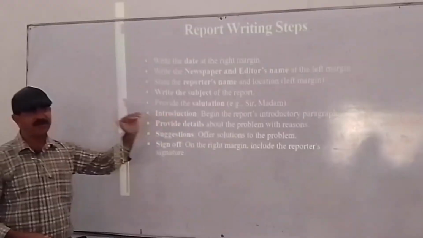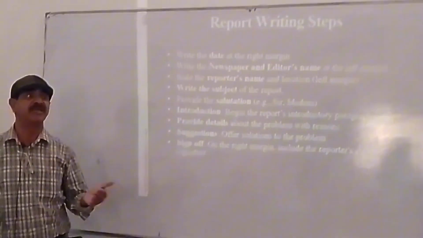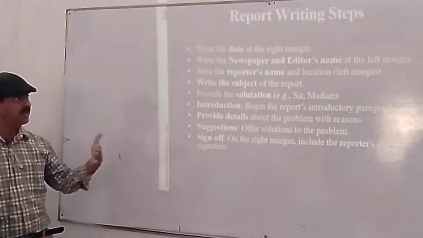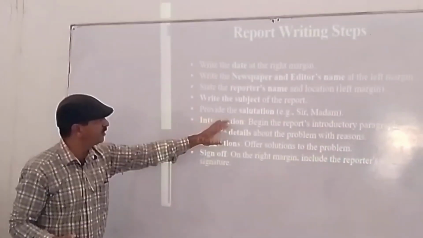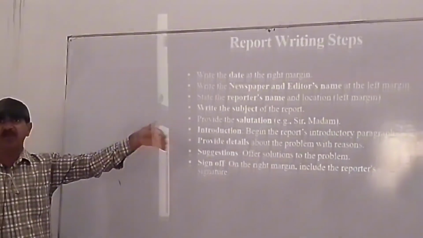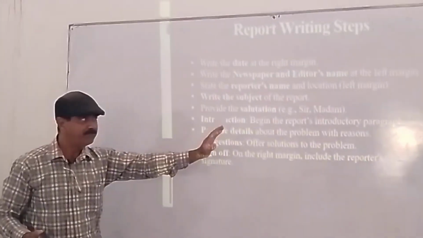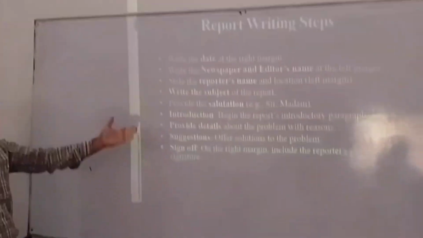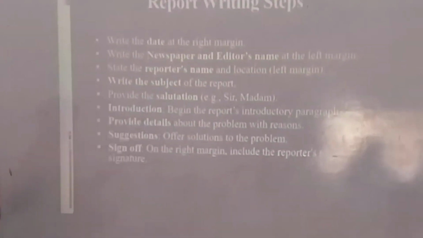Or write the subject of the report. What is it? Condition of classroom. Condition of second year classroom. Clear? That is the subject. So we have chosen the subject. Okay. Next one, provide a salutation like sir, or madam. Clear? Next one, introduction, begin the report's introductory paragraphs.